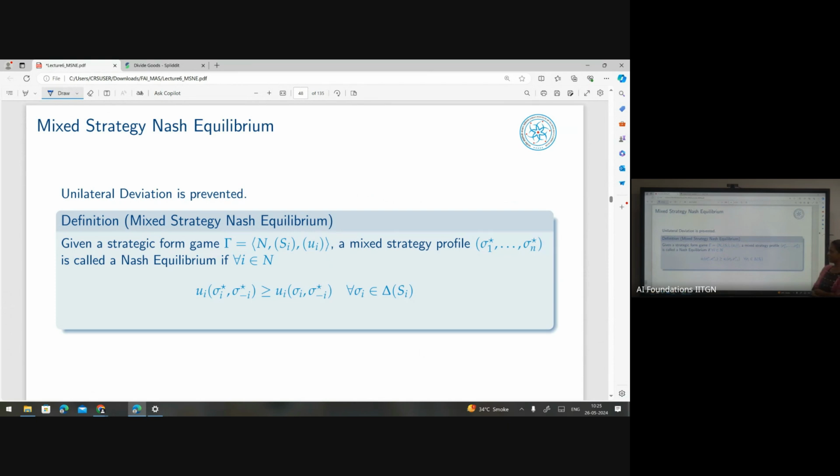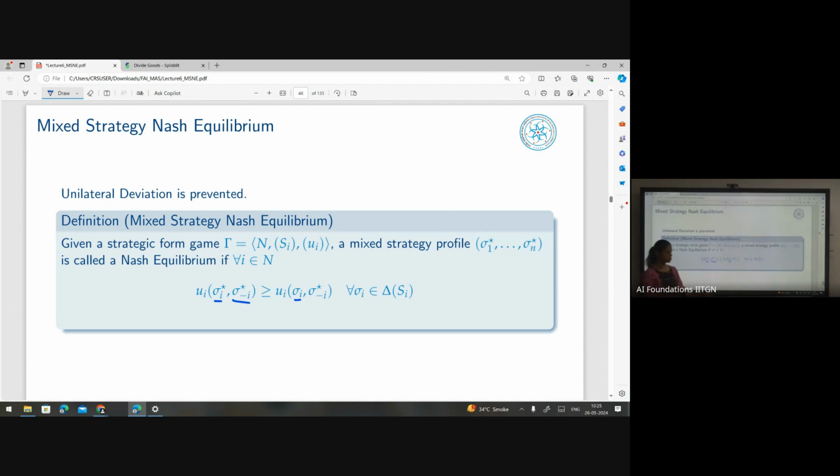So let's first get the definition out of the way. It's similar to what the definition is in the pure strategy setting. Given a strategic form game, a mixed strategy profile, which is sigma 1 star up to sigma n star, is a Nash equilibrium if for the agent i playing the mixed strategy sigma i star, given that the rest of the n minus 1 agents are playing sigma minus i star, it is the utility maximizing outcome compared to if he had used some other mixed strategy sigma i, given that everybody else is still playing sigma minus i star.